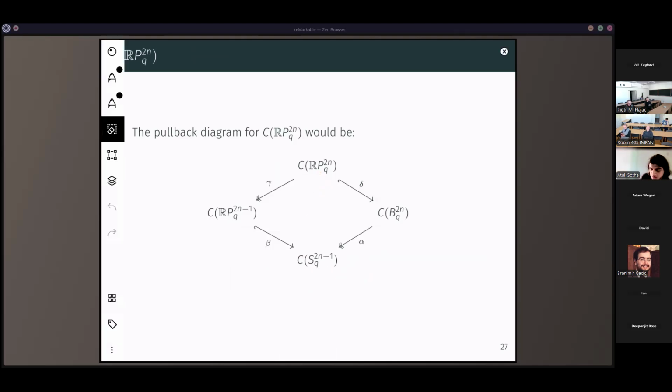And again, this is inspired classically, because even classically, when we consider the CW complex for a real projective space, for instance RP1, the CW structure is given by something like this.